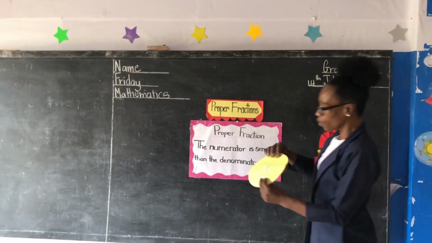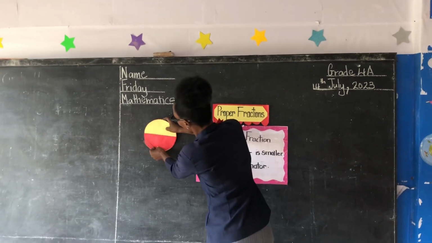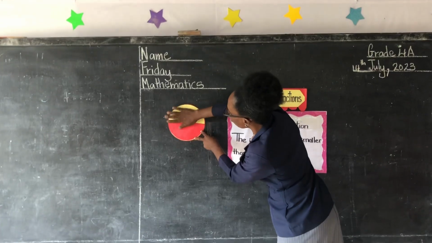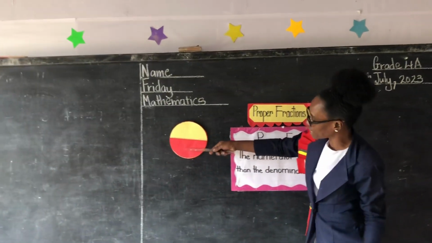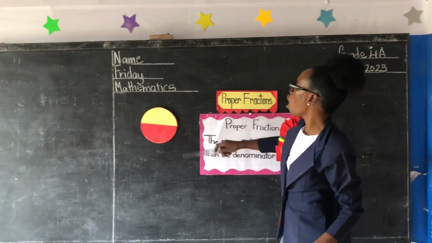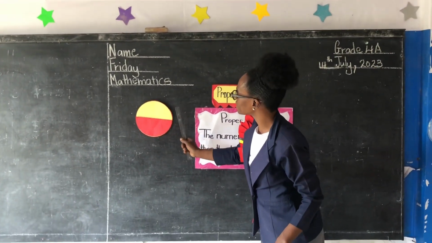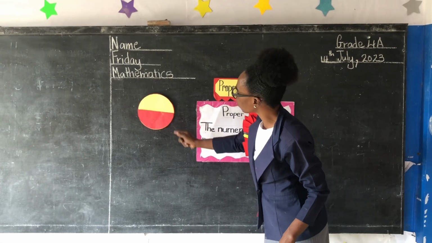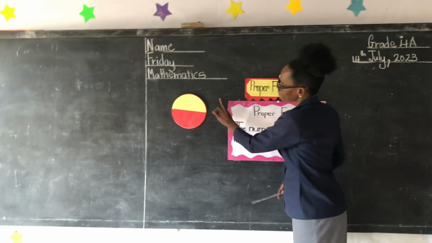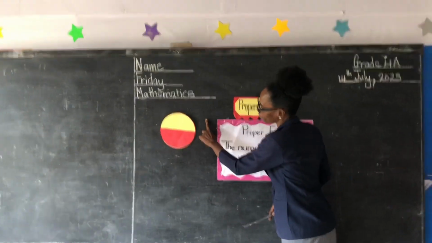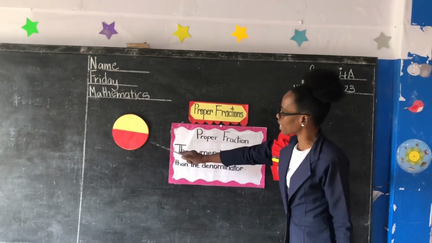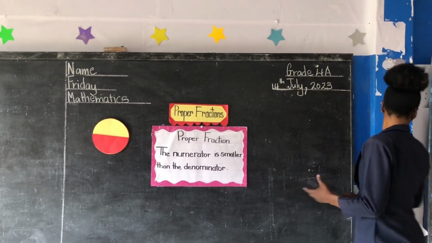Remember we did this explanation where we had the whole and one part is shaded. Here you can say that 1 out of 2 parts is shaded. So, in a proper fraction the top is less than the bottom. The numerator is less than the denominator.